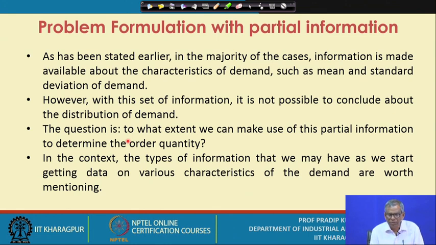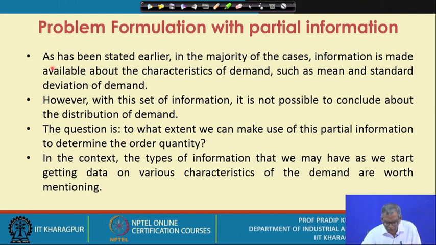This aspect is referred to as partial information, and the first attempt should be to formulate the problem with whatever information is given related to the demand distribution. That's why we have named this topic problem formulation with partial information.